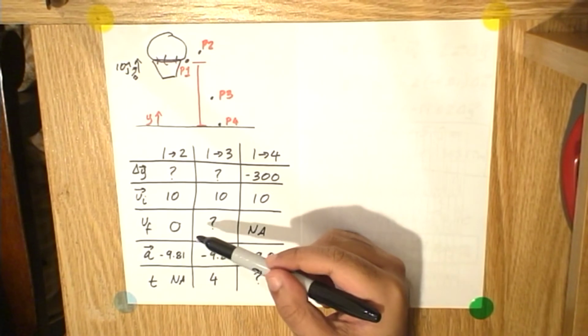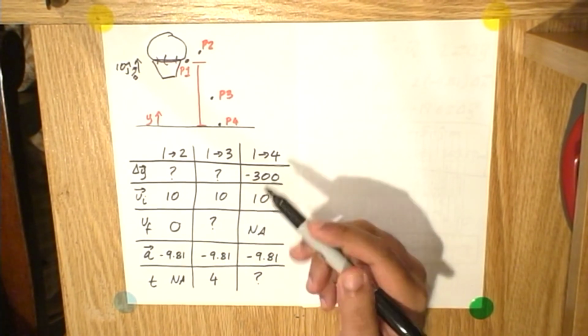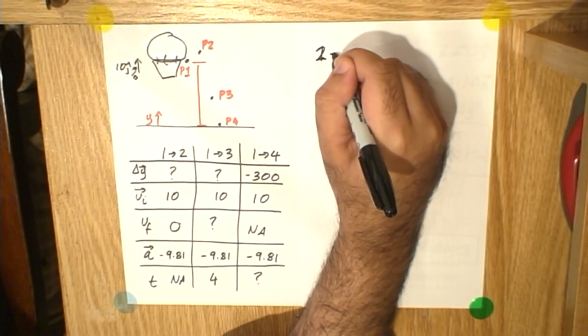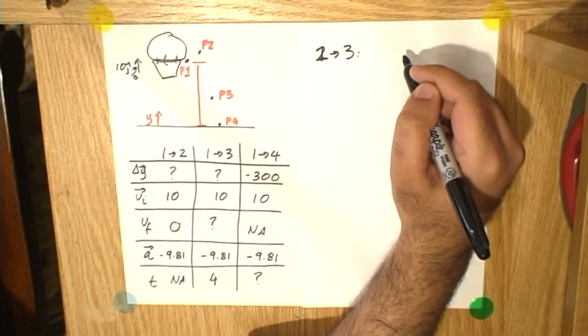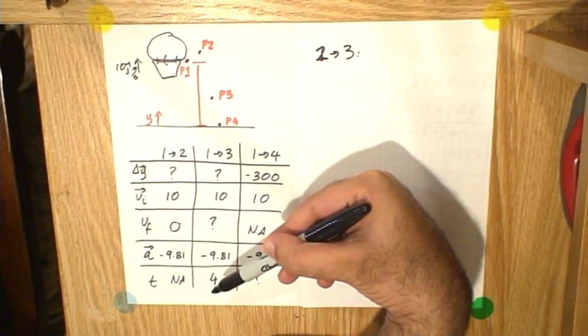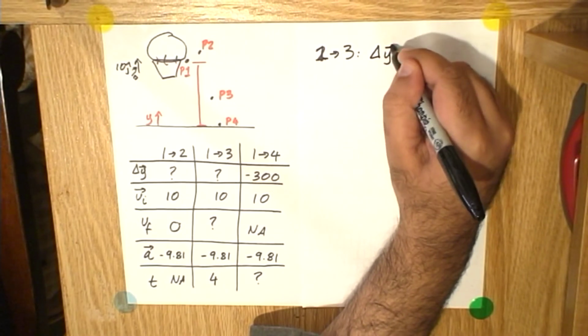Now that we've solved for V final, negative 29.24, we can solve for the displacement from 1 to 3. So from 1 to 3, we know the initial velocity, the acceleration, the time. We're looking for the displacement. Toolbox equation 2 will solve that for us.